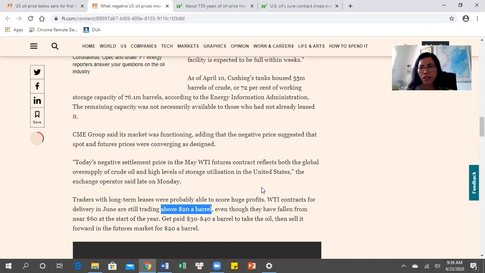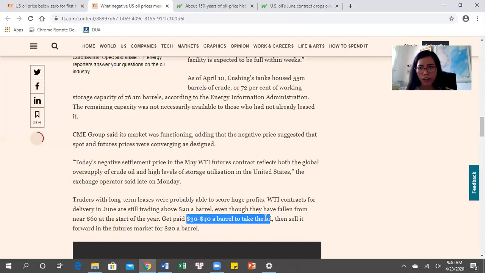It means you get paid about 30 or 40 dollars a barrel to take the oil, and then you sell it forward to the futures market at the price of $20. So the current price being zero or down below zero doesn't matter, because in the future the contract price is still $20. It means you never lose, even if the current price is lower than zero. That makes sense.